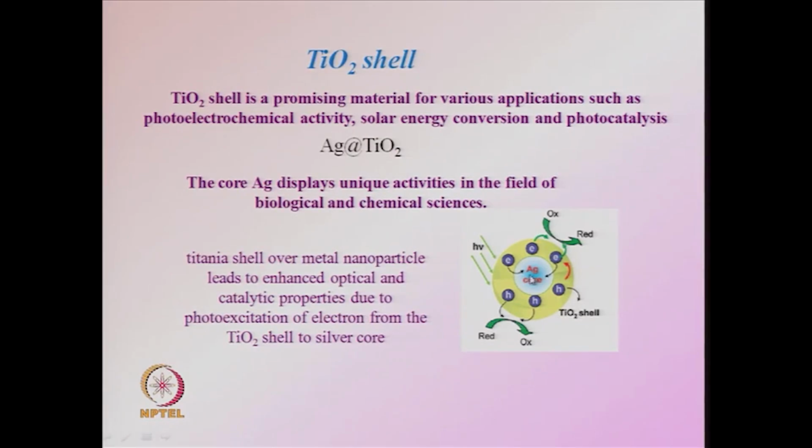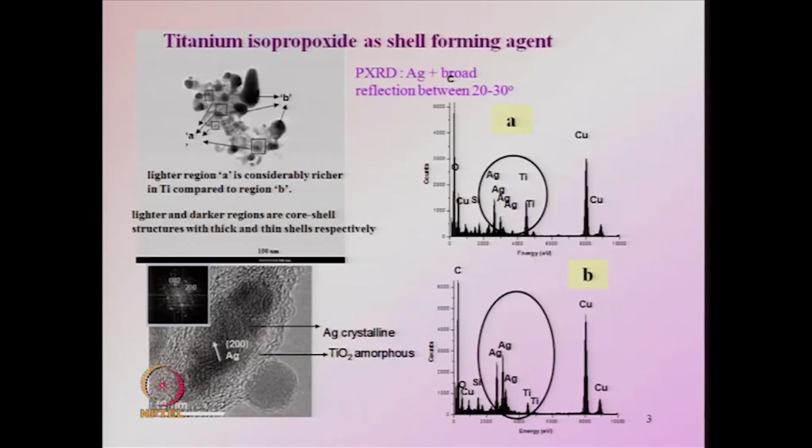Hence the electron and hole are separated, which is a very important aspect of any photocatalytic reaction and even in photovoltaics, and this kind of core shell nanostructure is very useful in that regard.